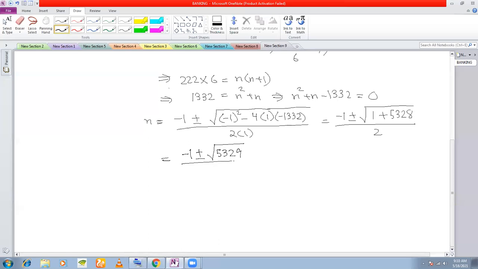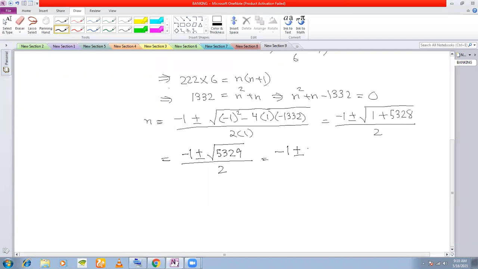You can find the square root of 5329 by division method, which I don't think I have to mention. I'm sure you can do division method on your own. Should be 73.